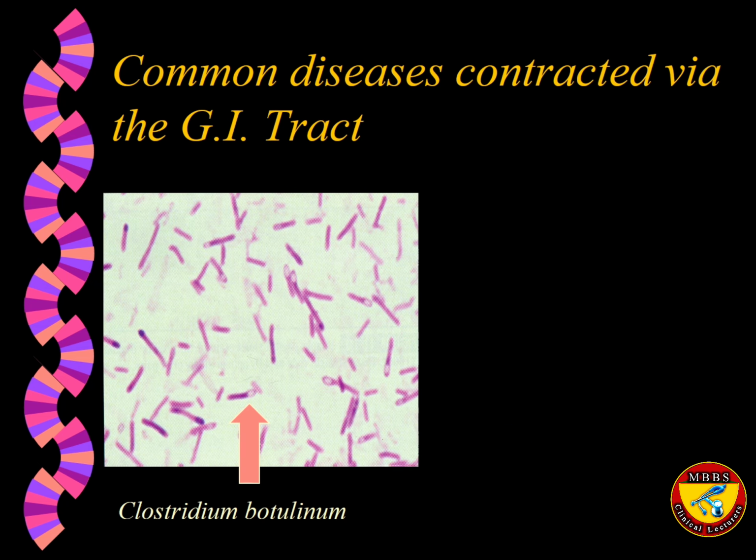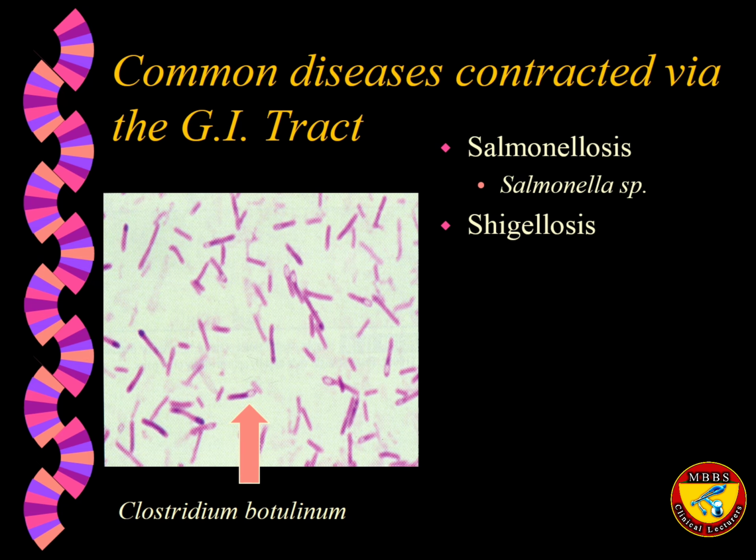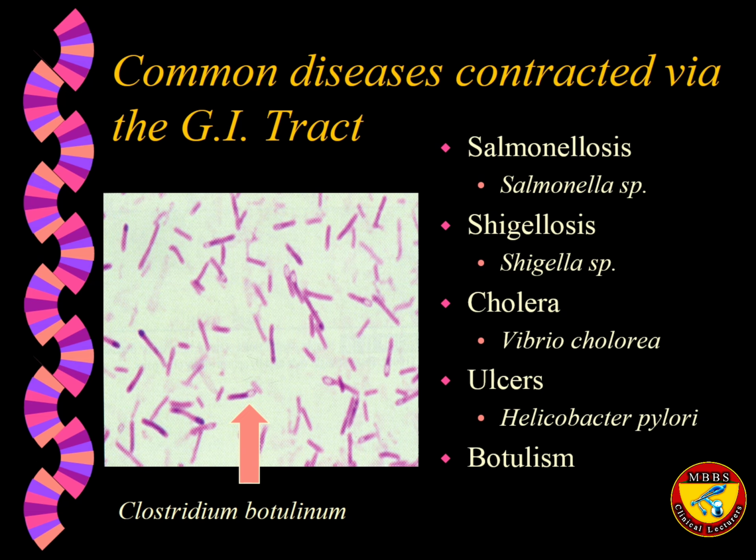Common diseases contracted by the gastrointestinal tract are salmonellosis, which causes typhoid, caused by Salmonella typhi; shigellosis, which causes dysentery; cholera, caused by Vibrio cholerae; ulcers, caused by Helicobacter pylori; and botulism, caused by Clostridium botulinum. It's mainly common in infants and people who utilize canned food a lot.